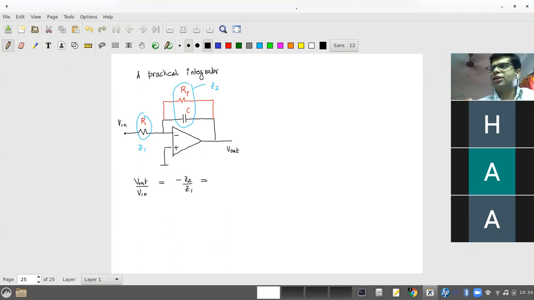Now you have to work in the complex domain, so work in the S domain. What is RP parallel C? That's your RP parallel capacitor, whole thing divided by R. What would this be? RP by R into 1 divided by 1 plus S RPC. Does this make sense?